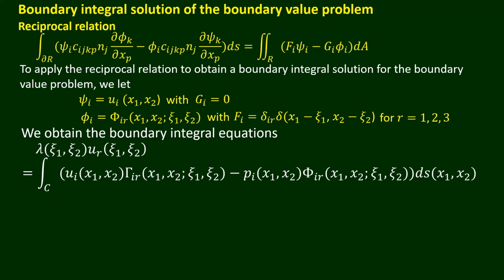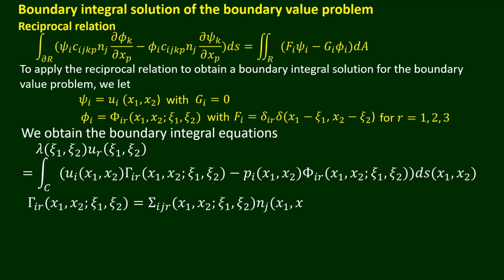Note that capital Γ_ir is the traction corresponding to the fundamental solution capital Φ_ir, given by capital Γ_ir(x1, x2; ξ1, ξ2) equals capital Σ_ijr(x1, x2; ξ1, ξ2) n_j(x1, x2).